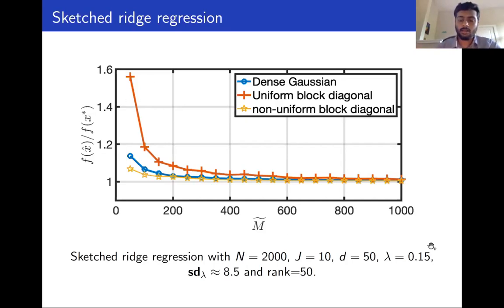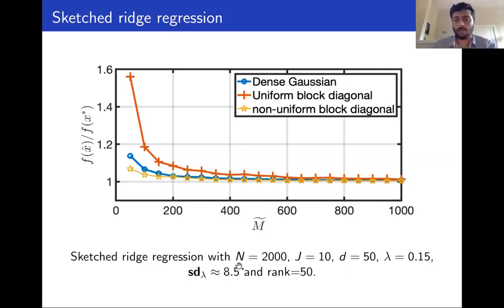And the red curve is a block diagonal matrix where the block sizes are just uniform and not designed according to these incoherence parameters. We can see that in order to achieve a very small error, it needs a lot of sketches, which is the y-axis. But the yellow line matches really well with the blue line. The yellow line is a block diagonal matrix that has been designed using these importance parameters, and we are able to get very low errors very quickly.